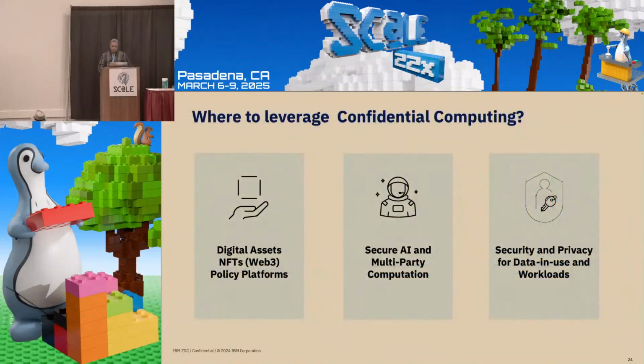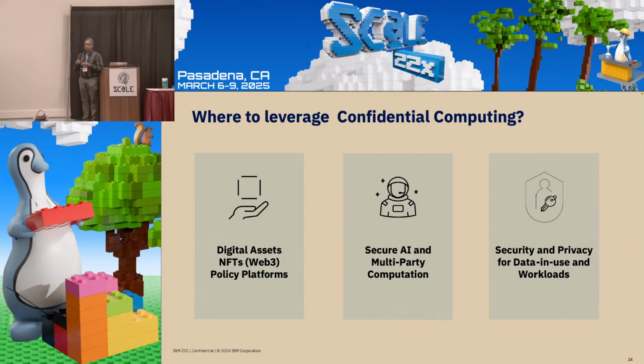And if we just move on, where to leverage this particular confidential computing. So we just looked at confidential computing and the technologies to achieve it, in terms of where exactly we can use it. One of the use cases, as you were rightly pointing, in terms of digital assets, could be NFTs or policy platforms, and also secure AI, where the models and the data which is fed to the models need to be secure.